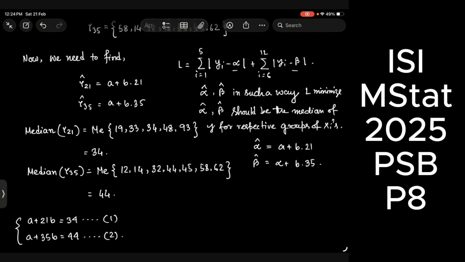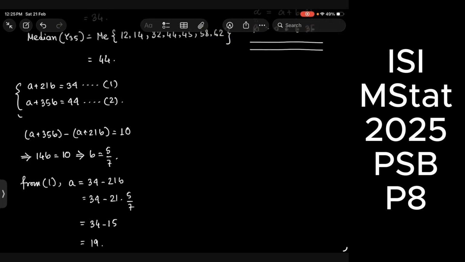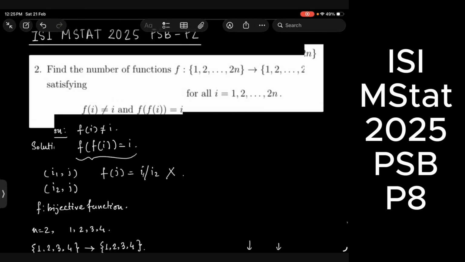That's why I was writing down that thing. Anyhow, this is not alpha, this is a. So on the basis of these two equations, we have found a cap and b cap.